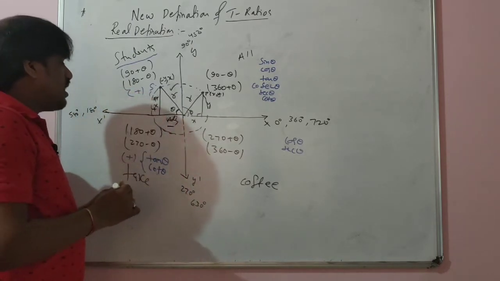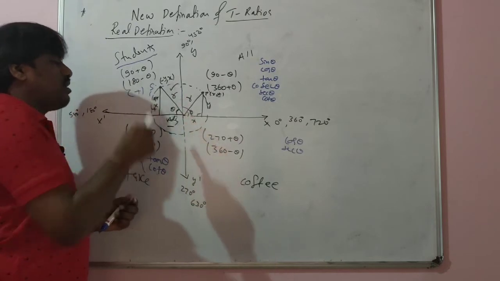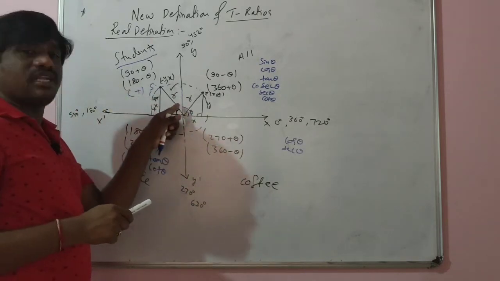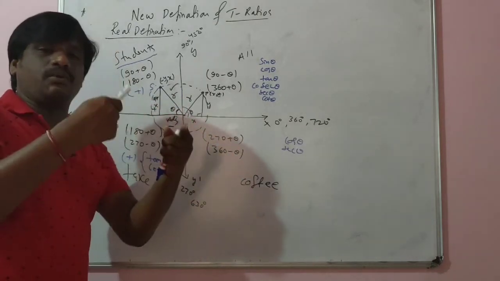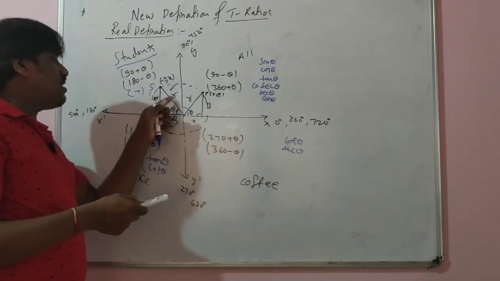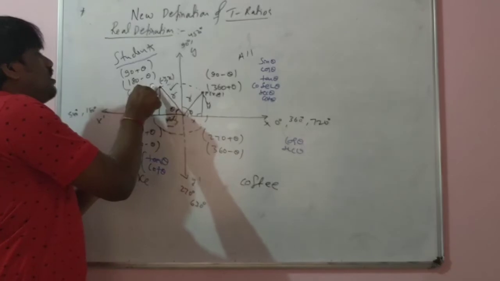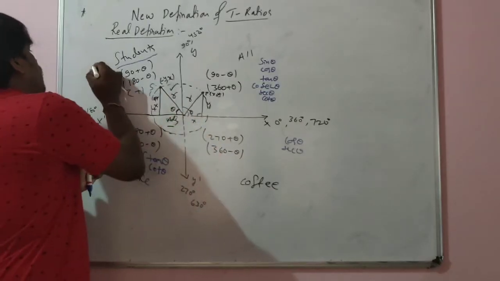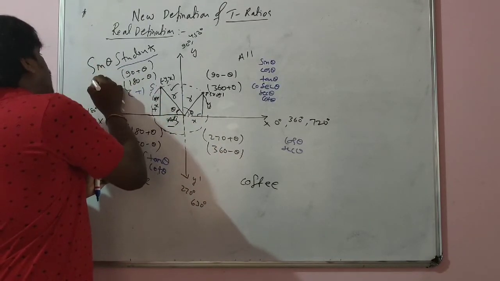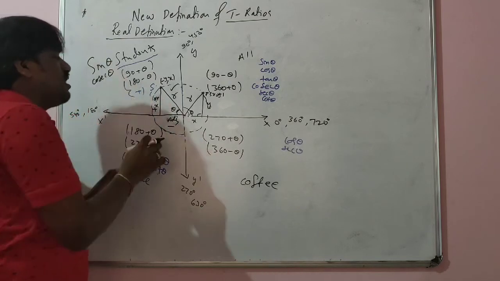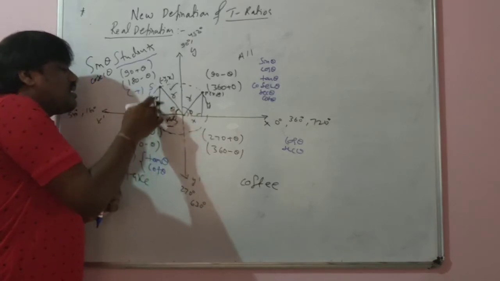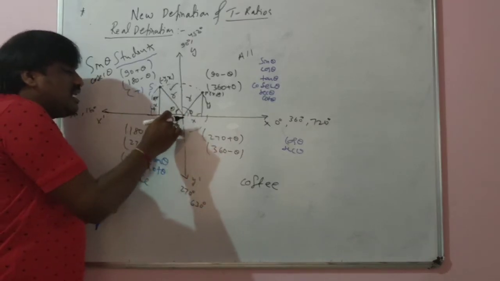So opposite by hypotenuse is sine theta, and that ratio is positive. The reciprocal of that is hypotenuse by opposite, so both are positive here. So sine theta and cosec theta are positive. The reason is that the opposite side is positive and the adjacent side is negative.